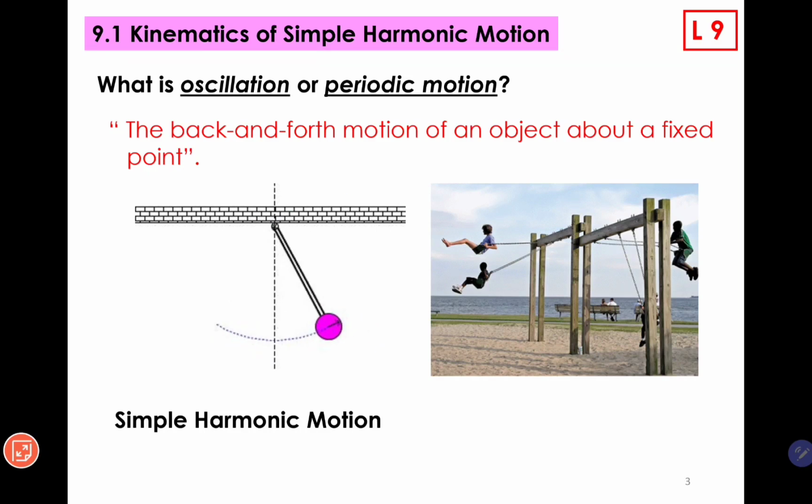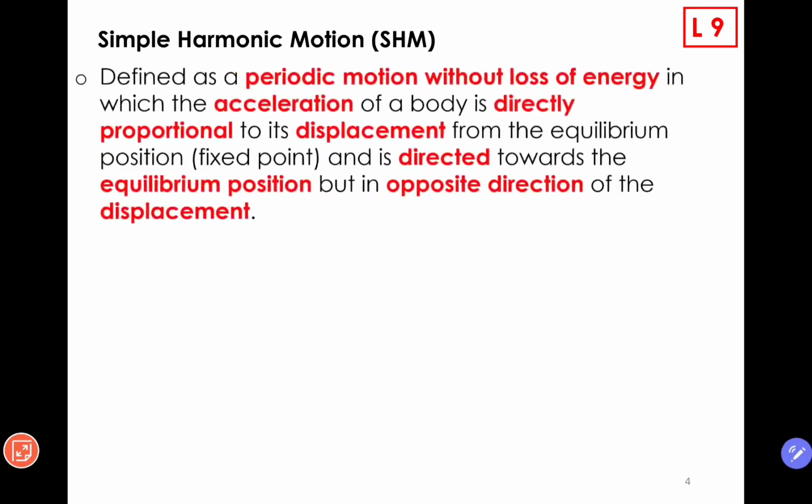Alright, so this is the simple harmonic motion. Basically, for the definition, what does it mean by simple harmonic motion? Simple harmonic motion is defined as a periodic motion without loss of energy. Again, without loss of energy. That is why the object still maintains its position for the displacement.